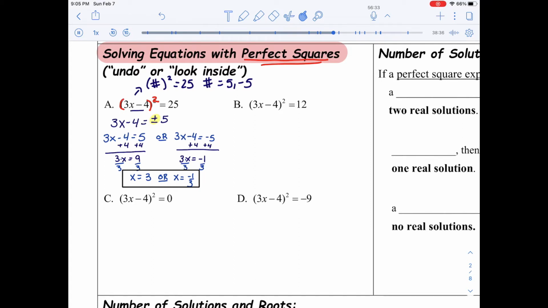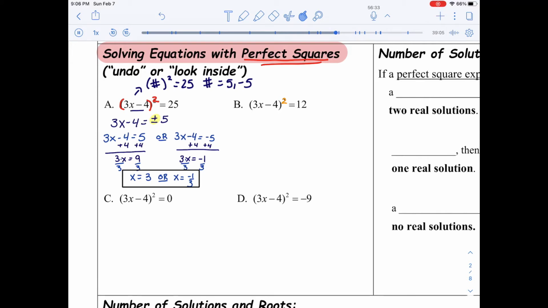Now, as we keep going through this, you're going to notice that sometimes it's not as easy to figure out what number squared will give me a good answer. Such as the instance in example B, where we have 3x minus 4 squared equals 12. In that case, I need to come up with a way to undo to the power of 2, just like we came up with ways to undo subtract 4.